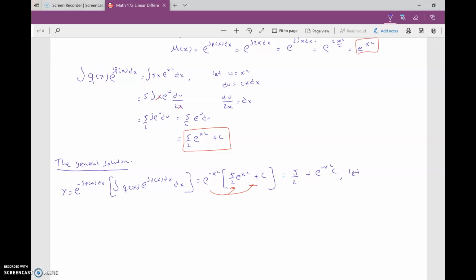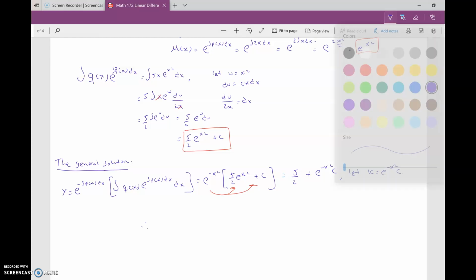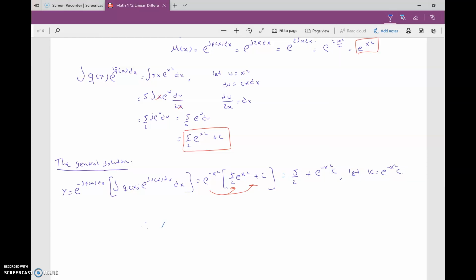And I'm just going to let k equal e to the negative x squared c. So in this case, we can rewrite our solution as y is equal to simply 5/2 plus k, where k is equal to e to the negative x squared times c.